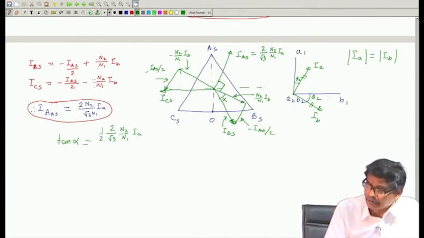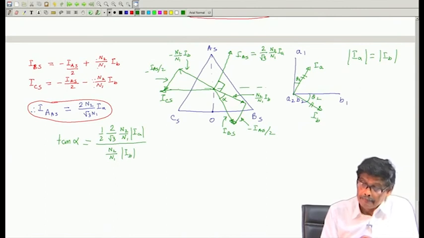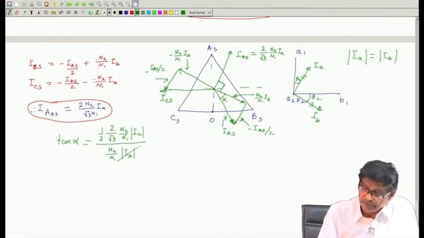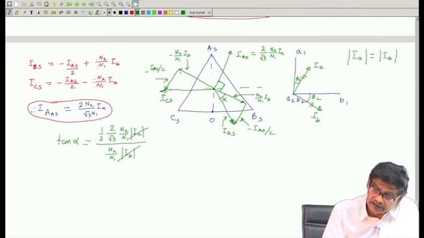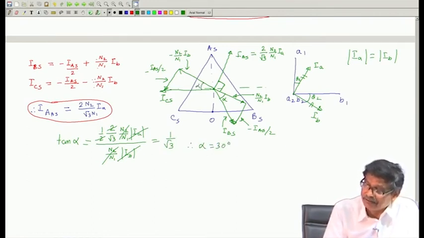This divided by this one, and that is equal to N2 by N1 into IB, the magnitudes. IB magnitudes are same. So, this will cancel out and this cancels out, and you are left with 1 by root 3, which indicates that alpha equal to 30 degree. Similarly, from this triangle, this is also alpha, has same ratios.